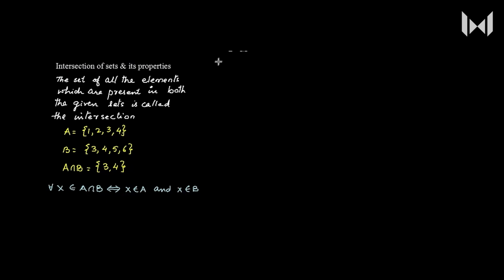Now talking about the properties of the intersection of sets, the very first one of course is A intersection A is equal to A, and we call it idempotent law.